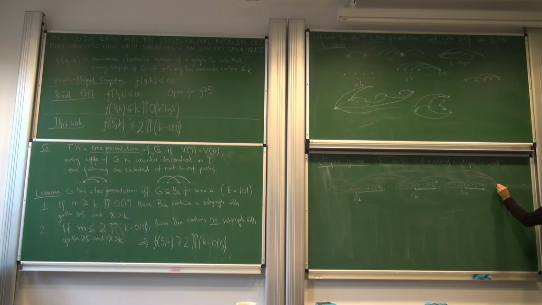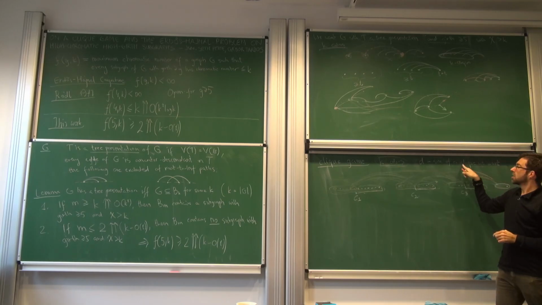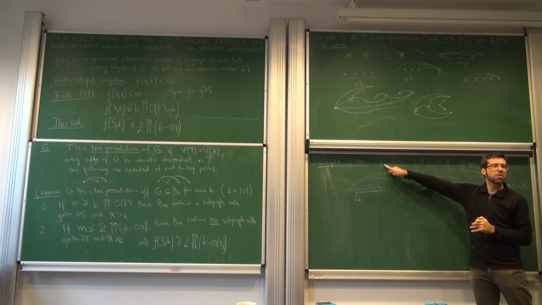Here we are playing a strategy which is just the full strategy of our game, but with a smaller set of colors. So we do this induction on D, or on the number of colors, but there is also an outer induction on the number of colors here, and on the actual set of colors here.